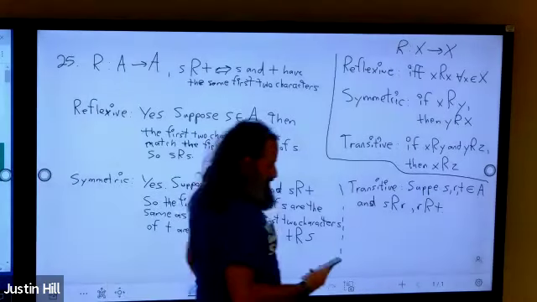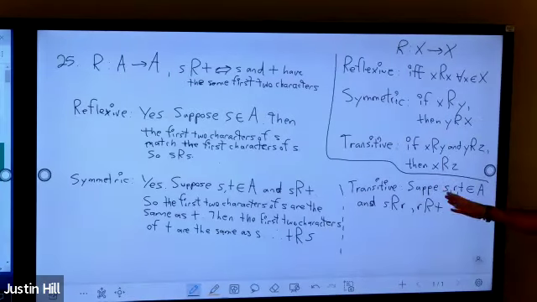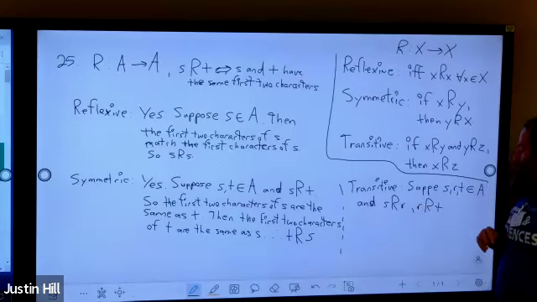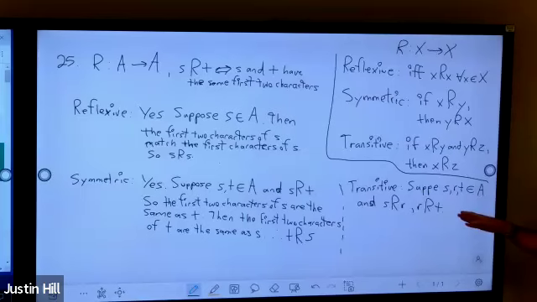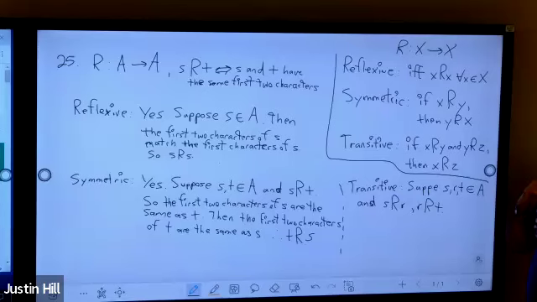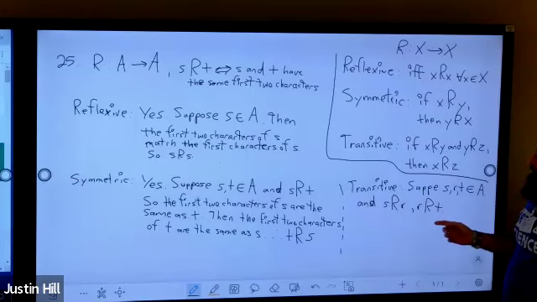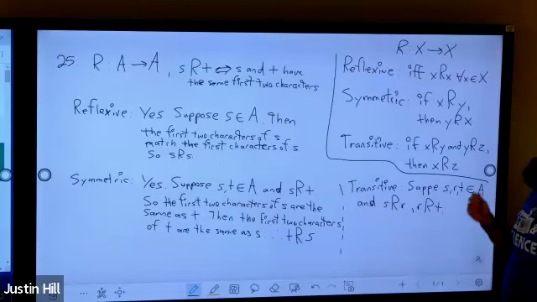All right. I can't write it up here, but your argument should go roughly like this. Suppose S, R, and T are in A. S is related to R and R is related to T. Then, since S is related to R, the first two characters of S are the same as the first two characters of R. And the first two characters of R are the same as the first two characters of T. Is there a transitive property to language too?